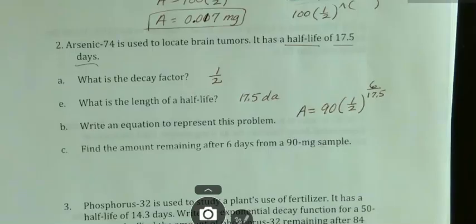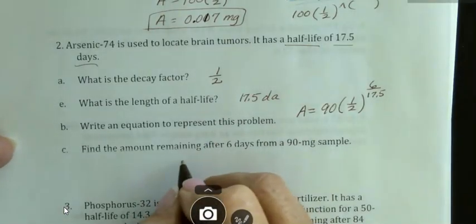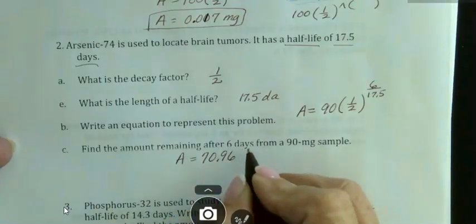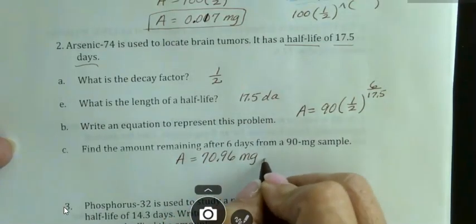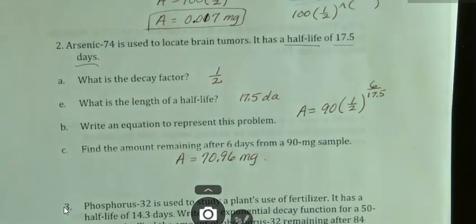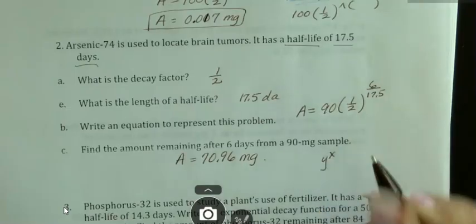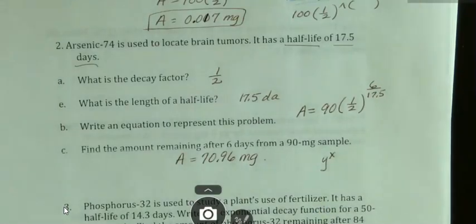And I need it to the 6 divided by 17.5, okay, and I get a final answer as 70.96. You guys double check that value because I'm using a random calculator and it didn't have the caret key on it. Okay, so if you don't have the caret key, you could use the Y to the X key on that. But that sounds reasonable, again, on there.